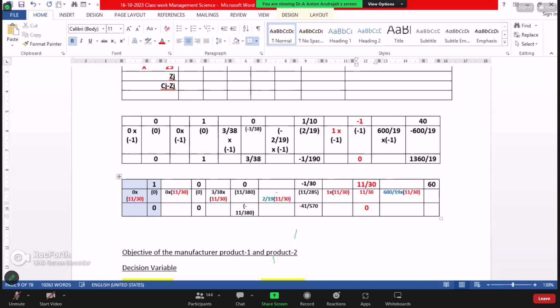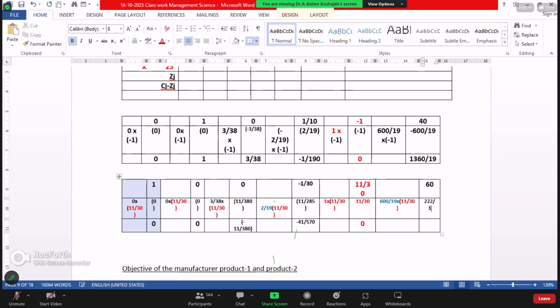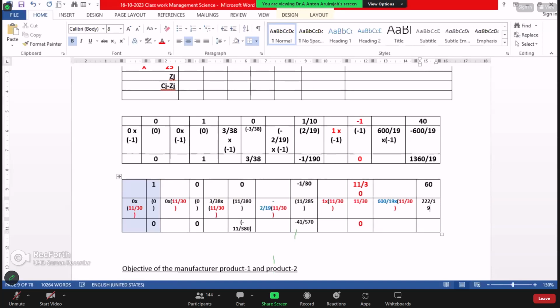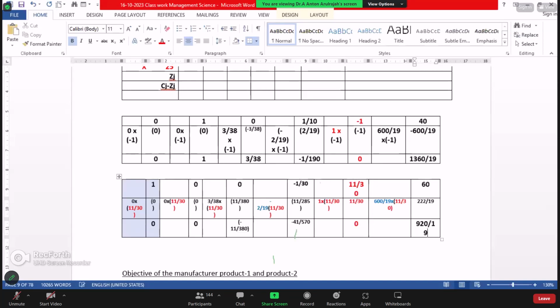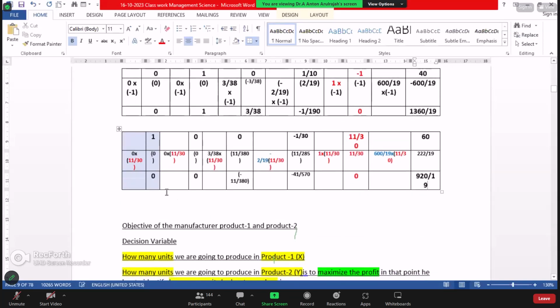It's about 220, 220 by 90. So 60 minus answer is 920 by 90. Okay, these are the solutions.